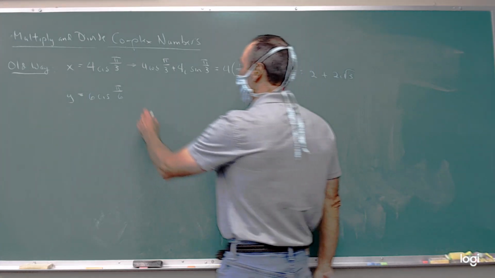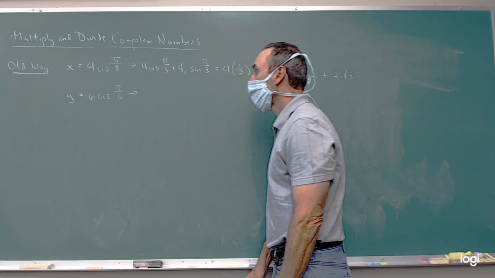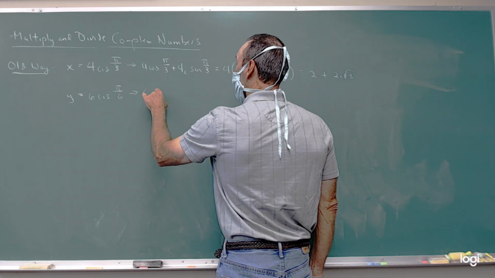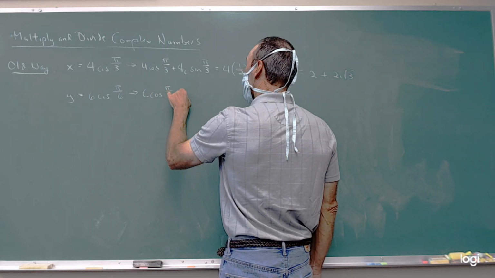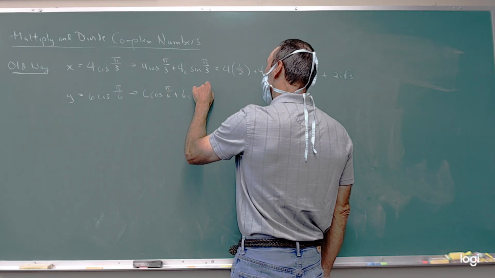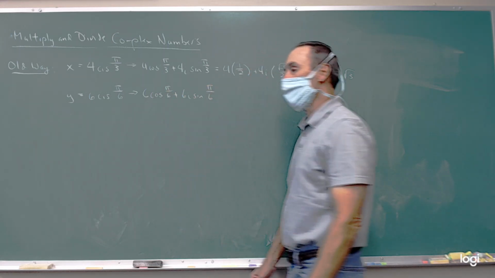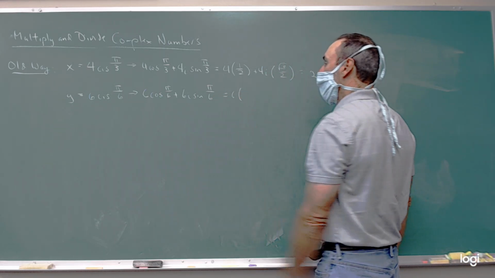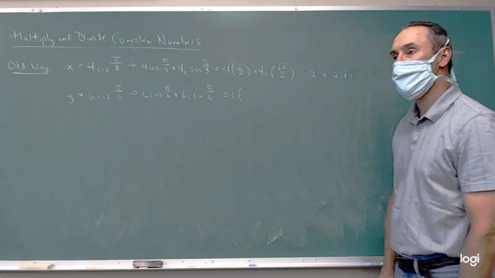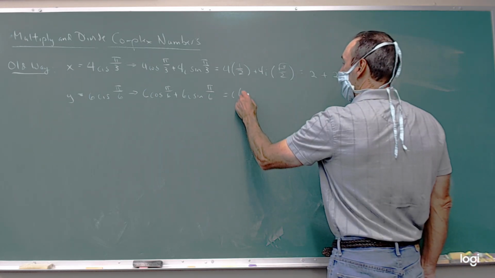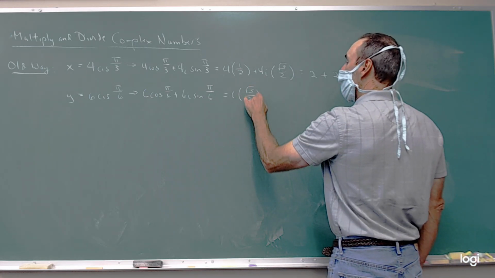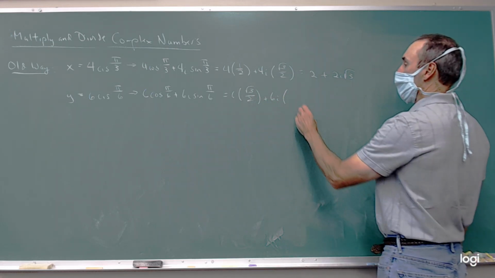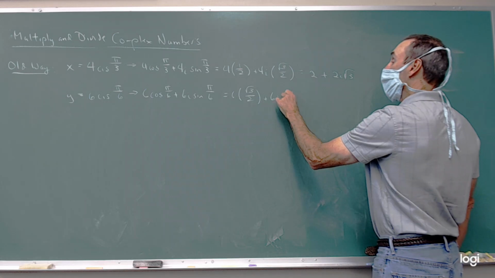Now we'll do the same thing and convert the y. So that's going to be 6 cosine pi over 6 plus 6i sine pi over 6. And the cosine of pi over 6 is square root of 3 over 2, and sine of pi over 6 is a half.